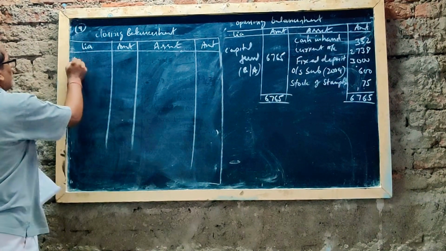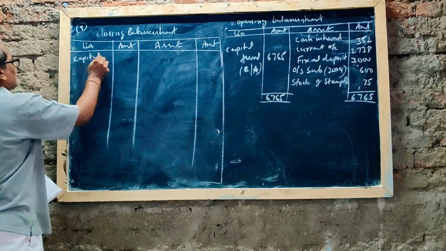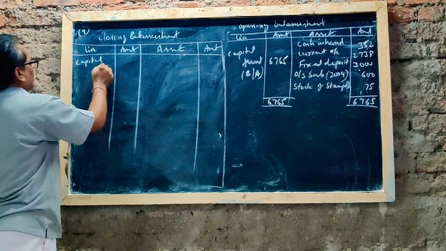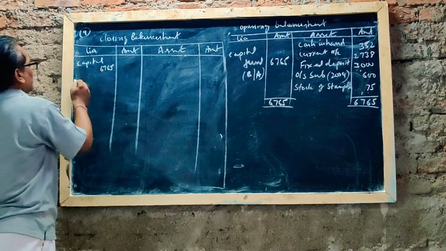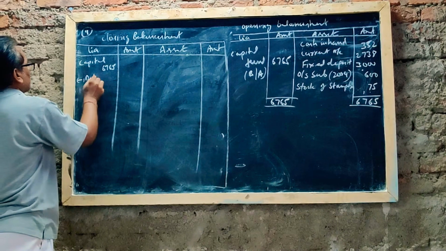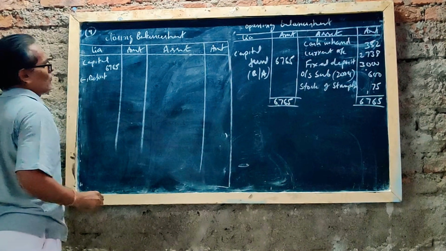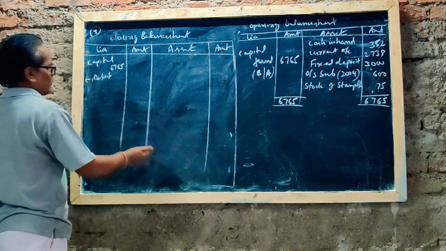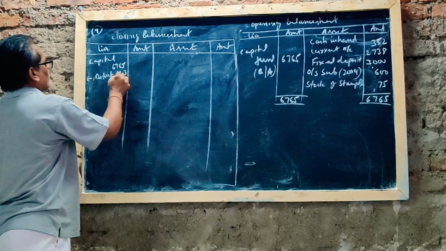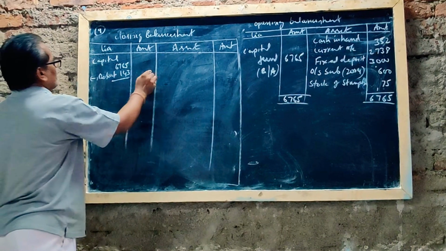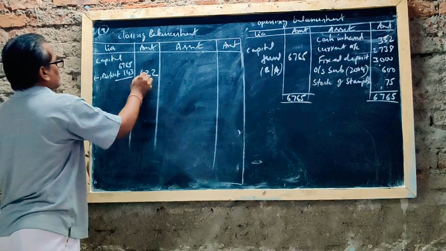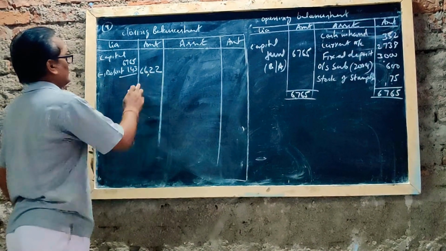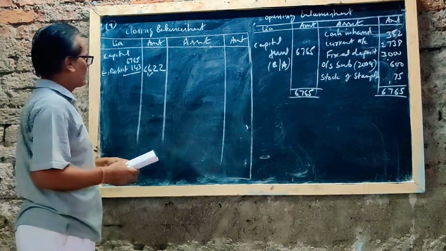First write capital amount 6765, less deficit, 143 that we got here. That is 6622.